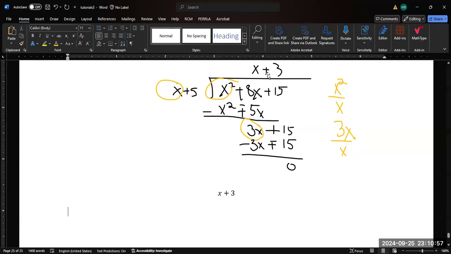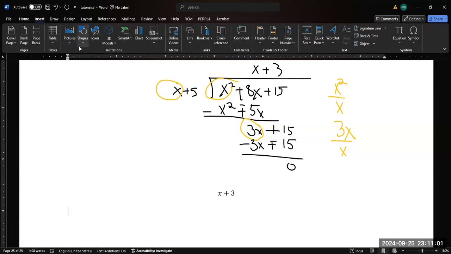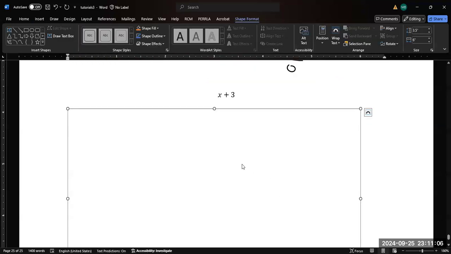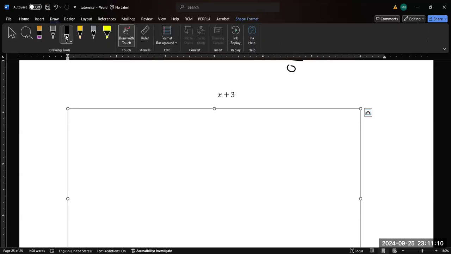Now, how would we do the same process with synthetic division? So I'm going to put in a new drawing canvas. The way that synthetic division works is we have our division bars a little bit modified, and we write the coefficients only of the polynomial that we're working with.